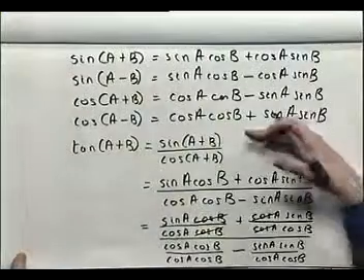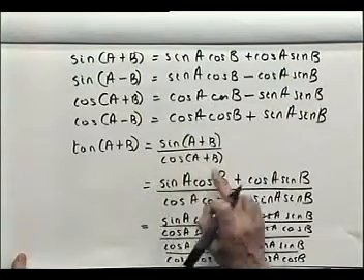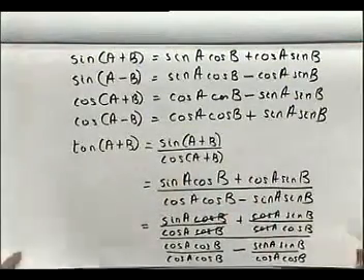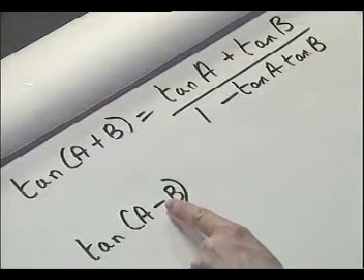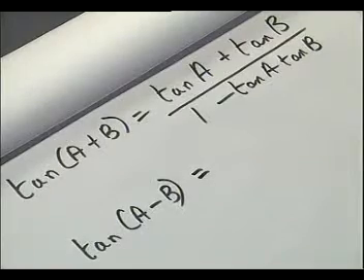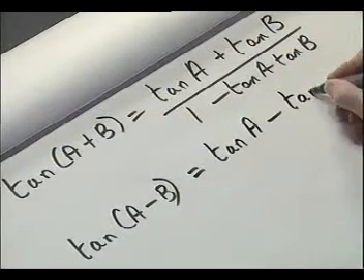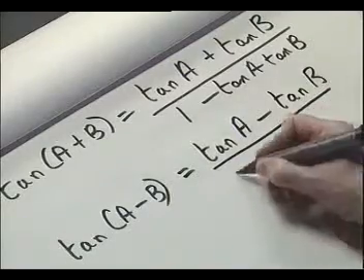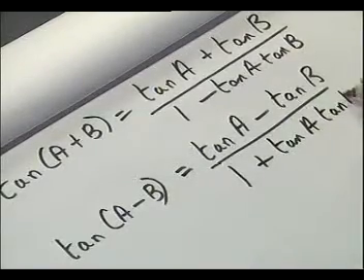Now, we can do the same again for tan of A minus B. And we've got two ways of approaching it. First of all, we could work through this again, except with tan of A minus B as the sine of A minus B over the cos of A minus B. Or we could work through it again by making the same replacement as we did before and rewriting this as the tan of A plus minus B. Let's be assured that whichever way we do it, it is going to give us that.